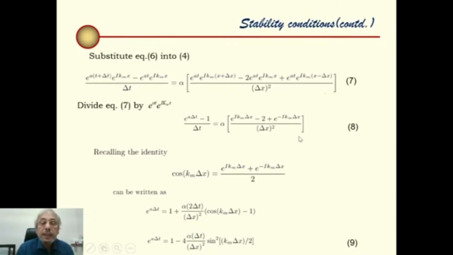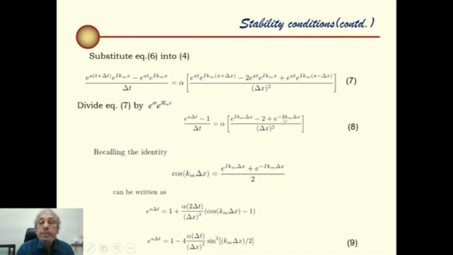In equation 8 we substituted cos theta equal to e to the power i theta plus e to the power minus i theta by 2. This is the identity that makes it cos theta.